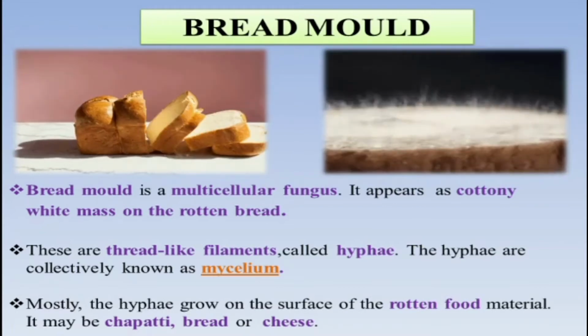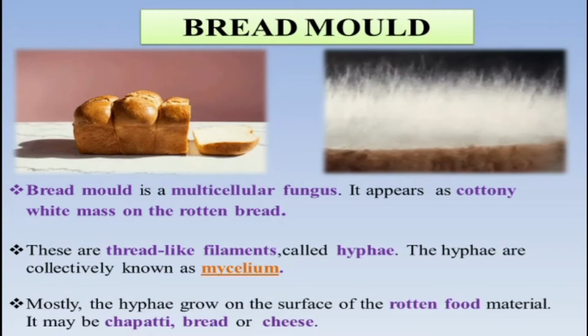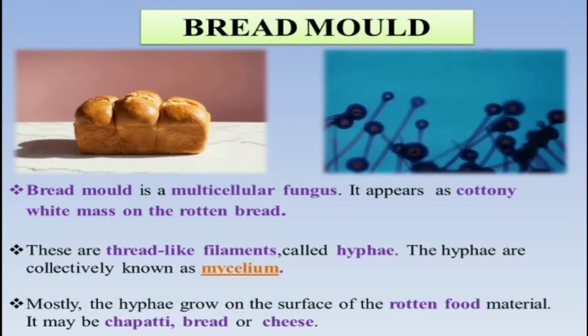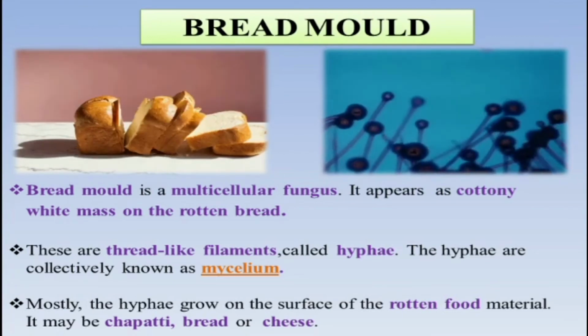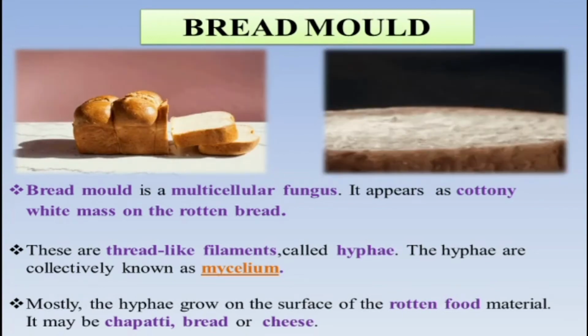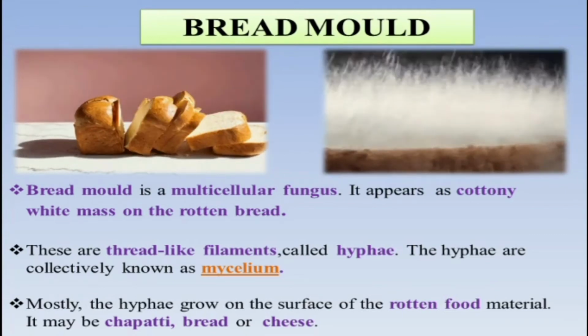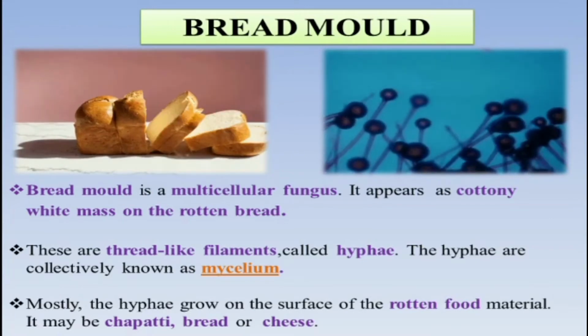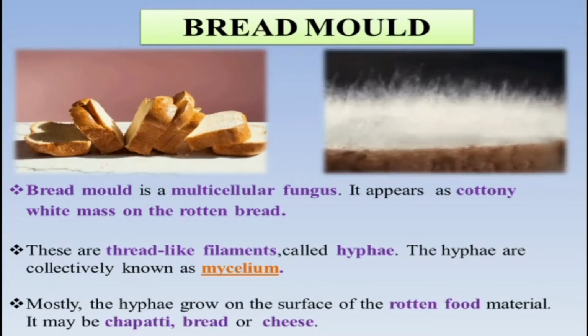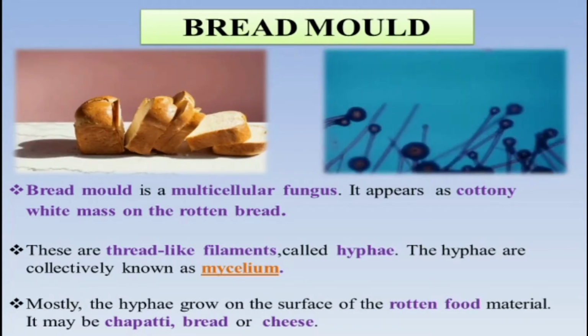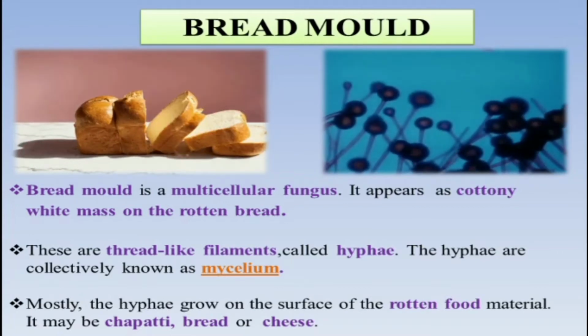The bread slice has a cotton like structure formed on it, which develops in a thread like manner. Bread mold is a multicellular fungus. It appears as cottony white moss on the rotten bread.